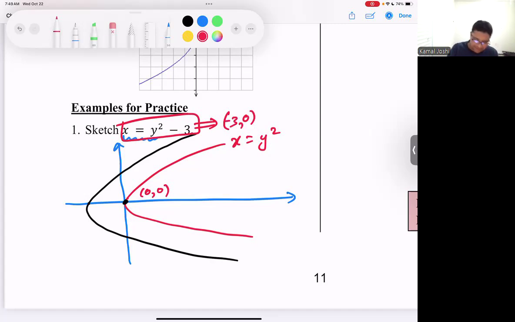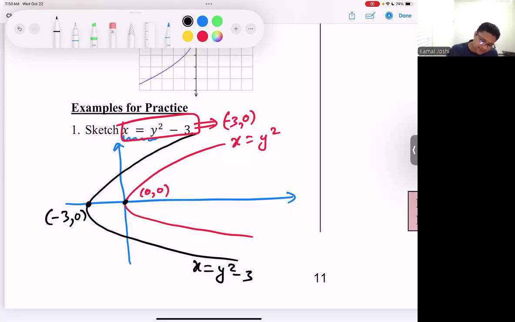So you need to go to the left. So for our equation here, which is x equals y square minus 3, your vertex will be at -3, 0. As you plug in 0 for y, x becomes -3. Okay. Now that is a way of understanding this graph.